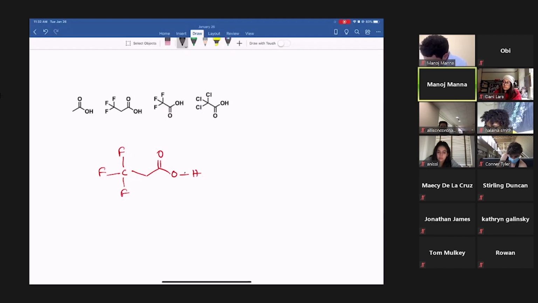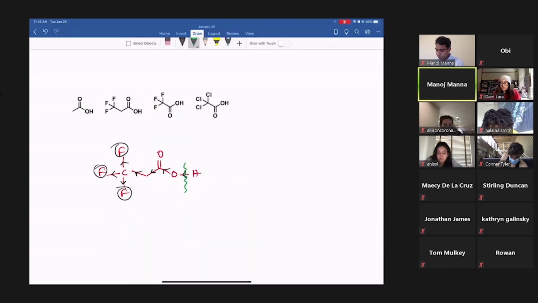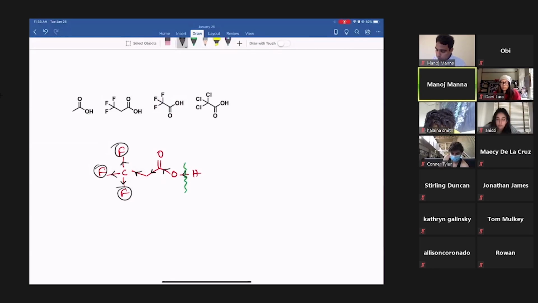So the electron is dragged in this direction, and three fluorine atoms have a stronger inductive effect. That means this bond can easily dissociate. The same for the second example: you have fluorine, carbon, fluorine, fluorine, and a double bond O, OH. We already understand that, so the electrons move this way.